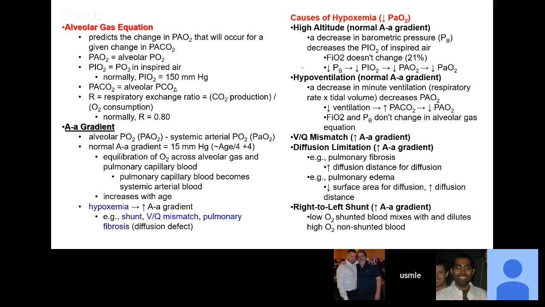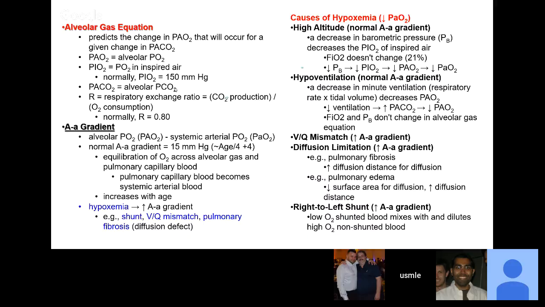So you're going to have at least five big causes. The first one is high altitude. In that situation, you don't have much oxygen, but like you saw, you make more CO2. But in high altitude, the alveolar-arterial gradient is going to be normal.